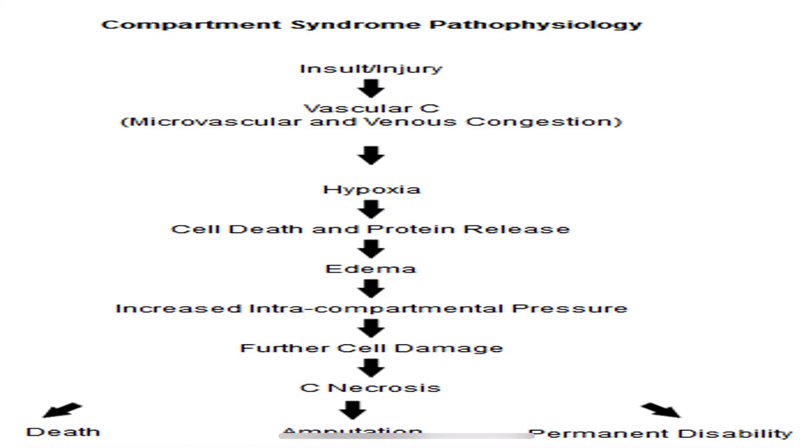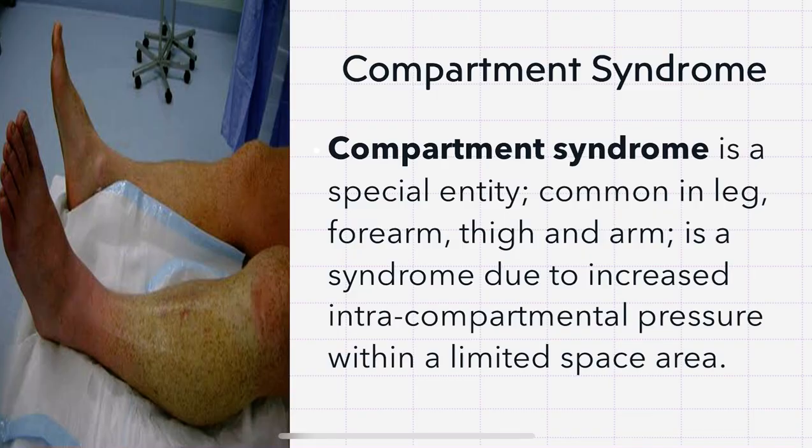And because of the edema, the fluid being secreted, there is increased intracompartmental pressure causing cell damage and necrosis. Compartment syndrome is a special entity which is common in the legs, and it is also found in the forearm, thigh, and arm. It is a syndrome occurring because of increased intracompartmental pressure within a limited space. So now you know the intracompartmental components and the intracompartmental pressure being increased in this syndrome.